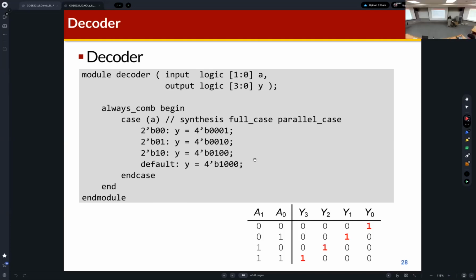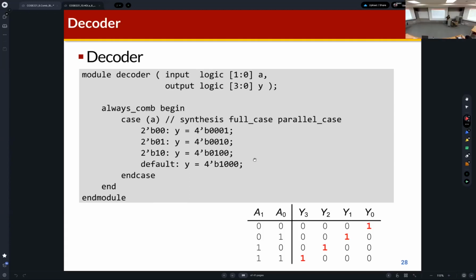And then it's simple. Based on the input signal, the output Y is defined. If the input signal is 0 0, the output Y is 0 0 0 1. Then 0 0 1 0, and then 1 0 0. So actually it's the same as the truth table, right?